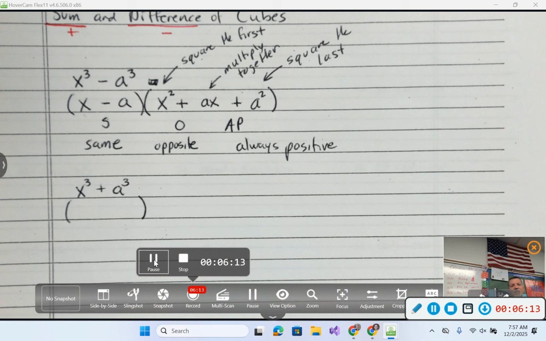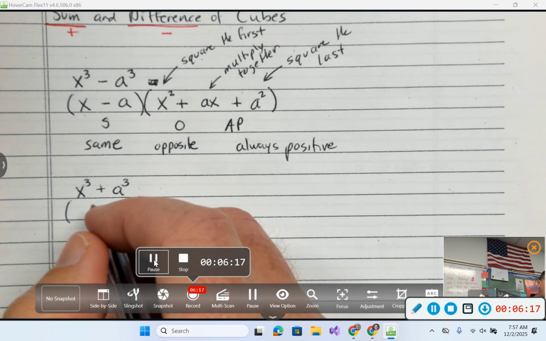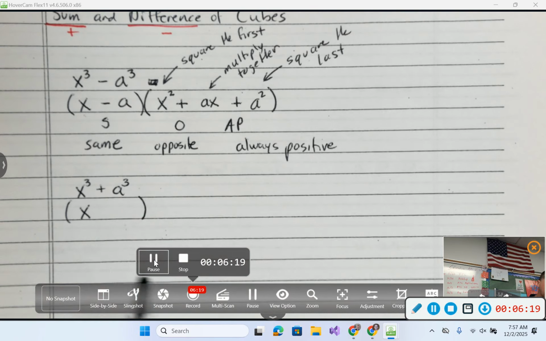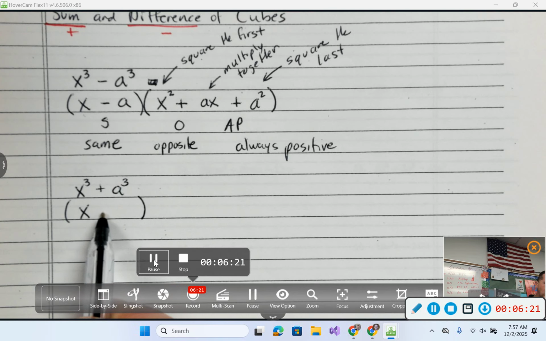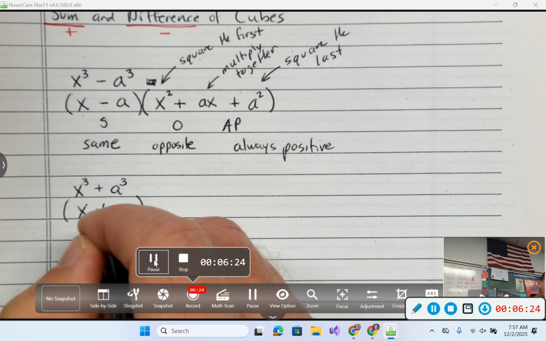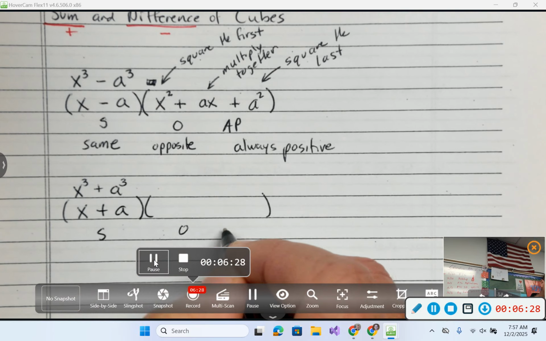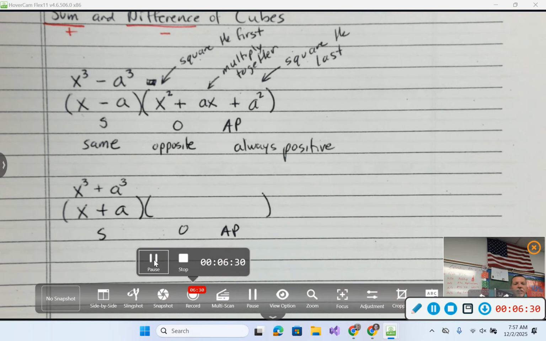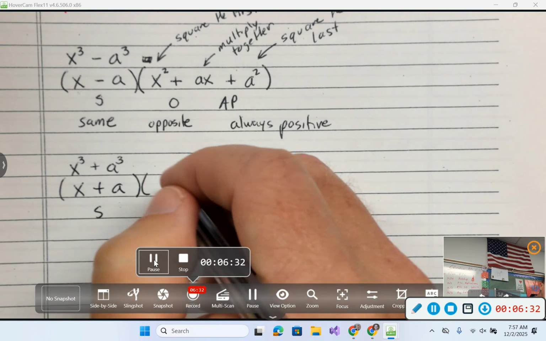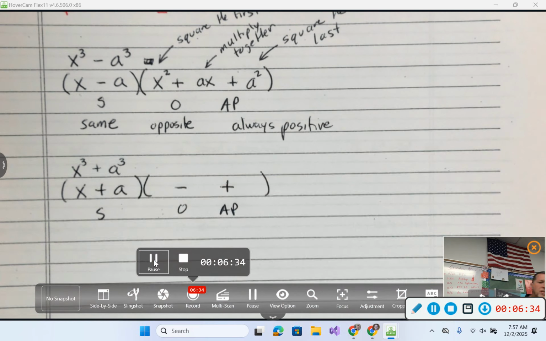So what do you think goes in the first parentheses if it's x cubed plus a cubed? x. What sign should I use? Plus. In fact, some people will set up the same, opposite, always positive first. Same, opposite, always positive.